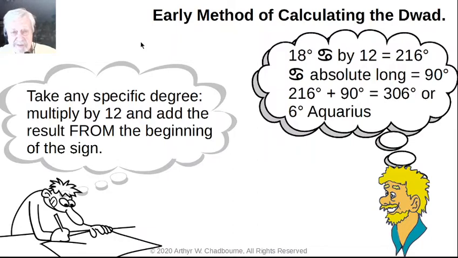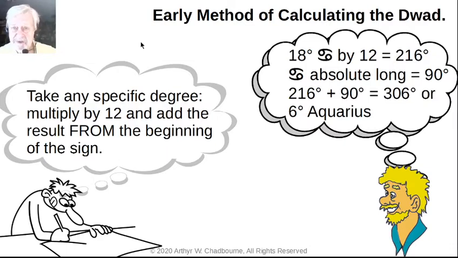So the early method was a bit difficult. What we would do is take any specific degree in a sign, and multiply that by 12. And then you'd add the result to the beginning of the sign. So in other words, if 18 degrees Cancer, you multiply that by 12, that's 216 degrees. Well, the absolute longitude of 0 degrees Cancer is 90.